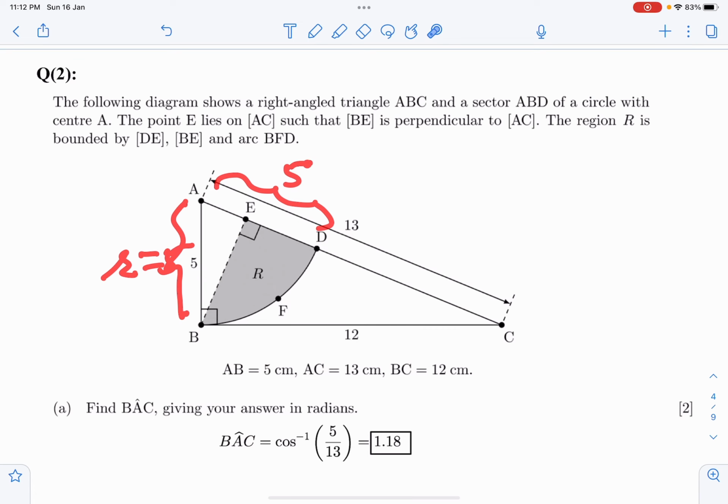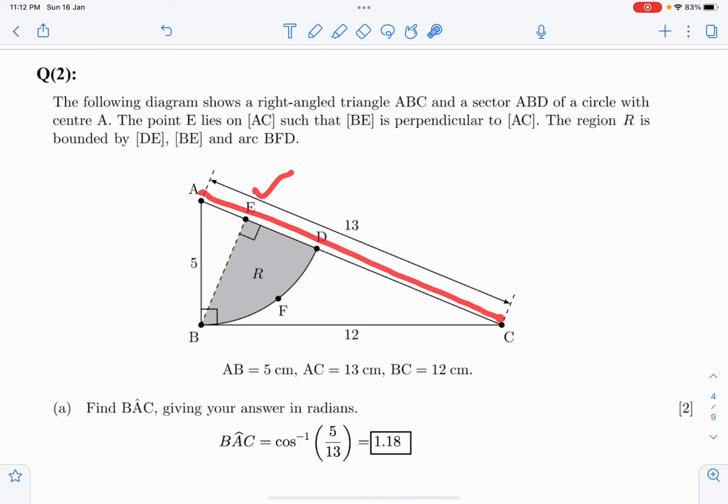AD is equal to AB is equal to 5, which will be the radius of this sector. The point E lies on AC. Point E is here on this line AC, such that BE is perpendicular to AC. Let me put here the perpendicular mark. So BE is perpendicular to AC.